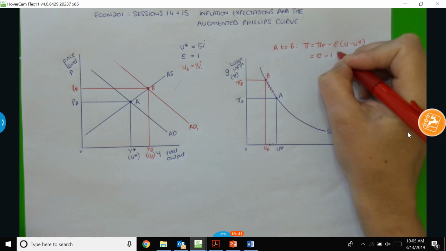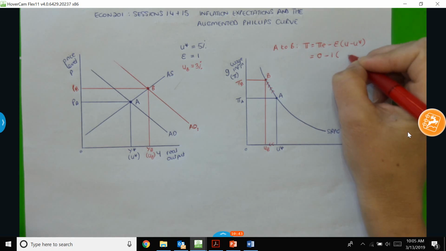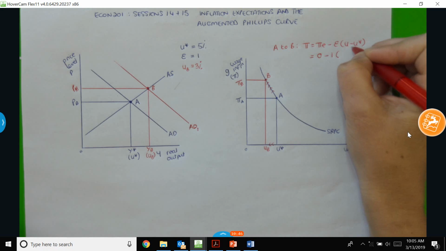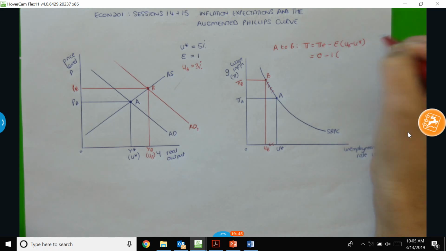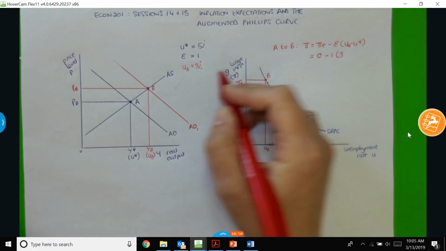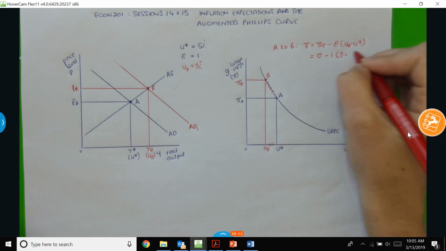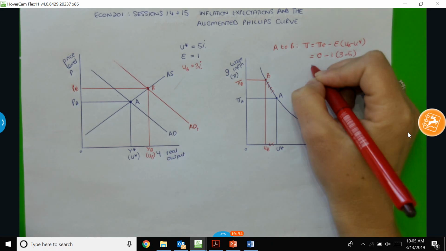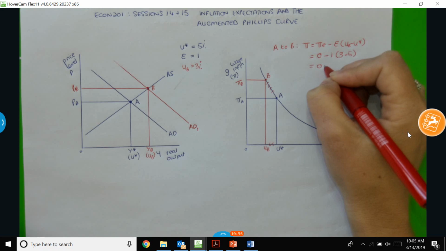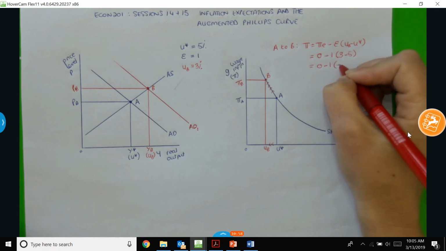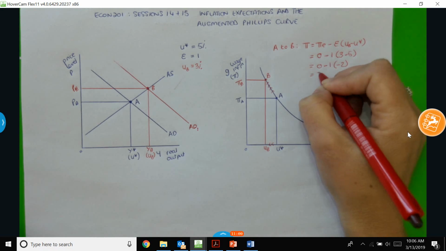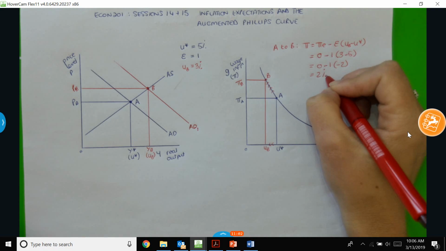Epsilon is 1. U, specifically this would be UB, is equal to 3%. The natural rate of unemployment is 5%, and so 0 minus 1 times minus 2 is equal to 2%.